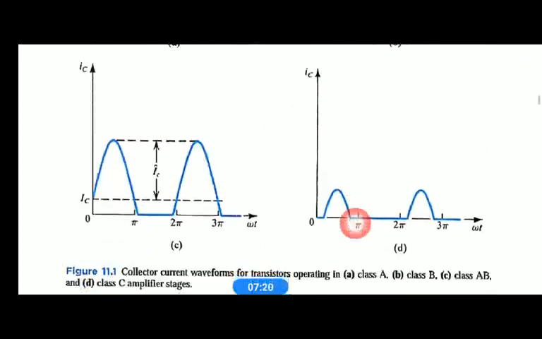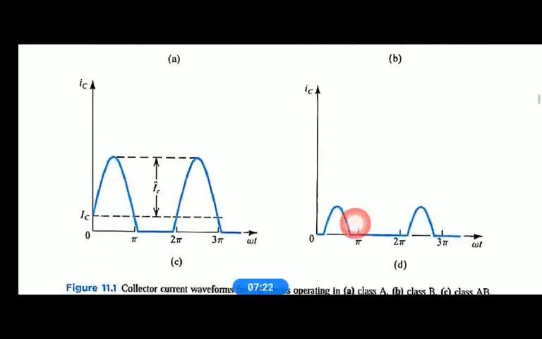Whereas one more we have, which is a combination of class A and class B, we call it class AB output stage amplifier.